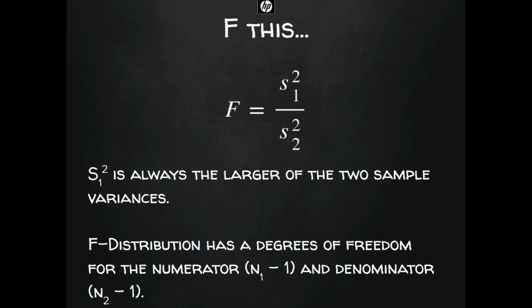It just matters that the larger variance goes in the numerator and the smaller variance goes in the denominator. As I mentioned on the previous slide, there are 2 degrees of freedom, one for the numerator and one for the denominator. They are still calculated by finding the sample size minus 1 for each of the 2 samples. But we have to remember that there are 2 separate degrees of freedom for the F statistic.